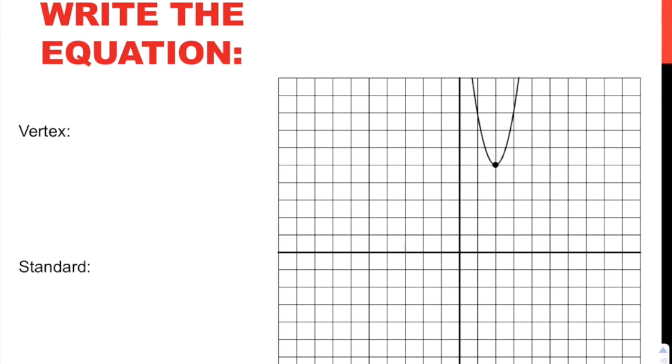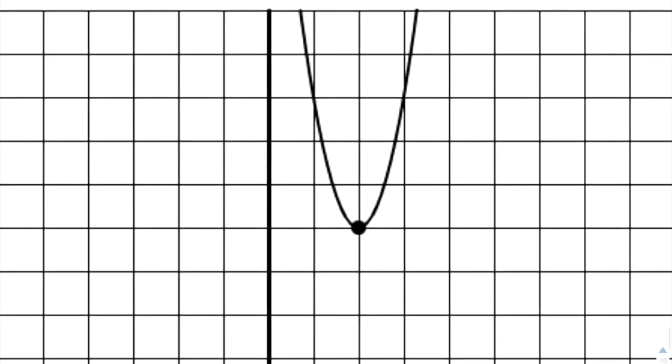Alright, this graph has moved right 2, up 1, 2, 3, 4, 5. So my vertex is at 2, 5. Remember, you write that as x minus 2 in the parentheses. If you look at our pattern, our parent function usually goes right 1 up 1, left 1 up 1.